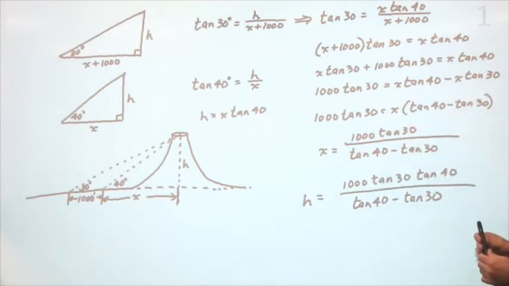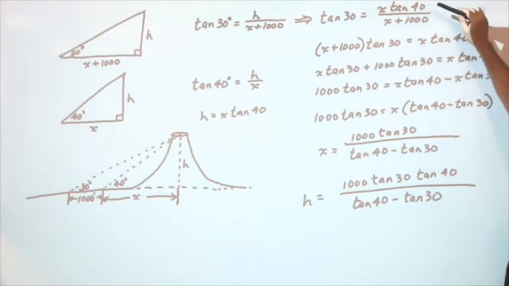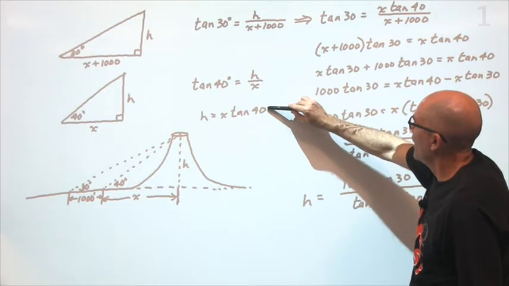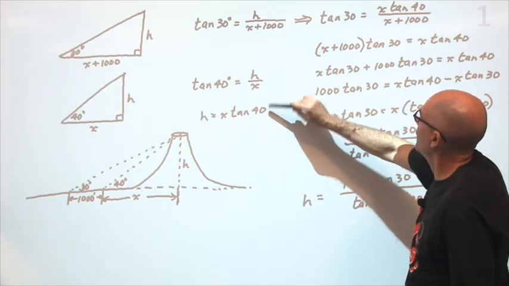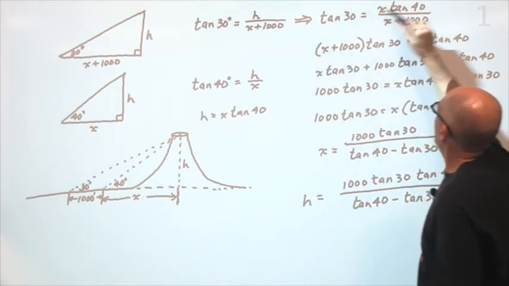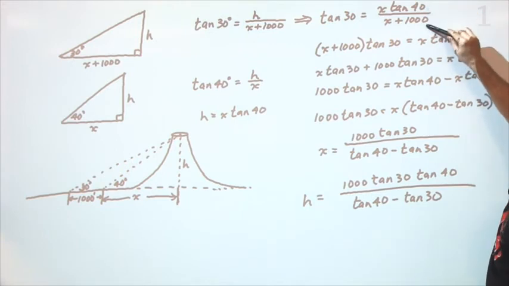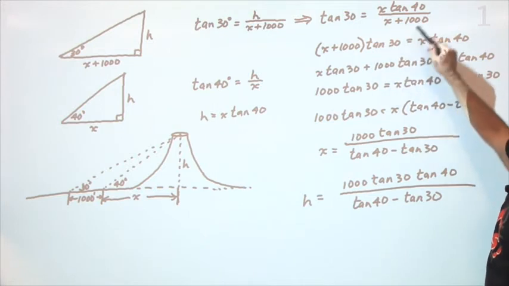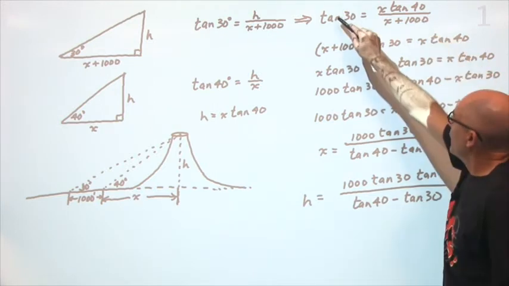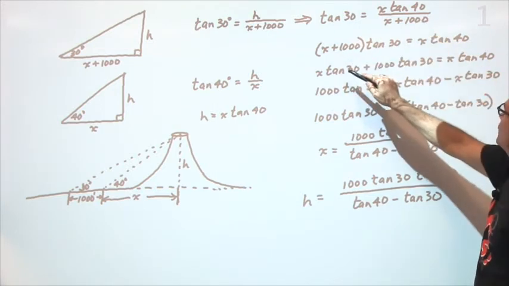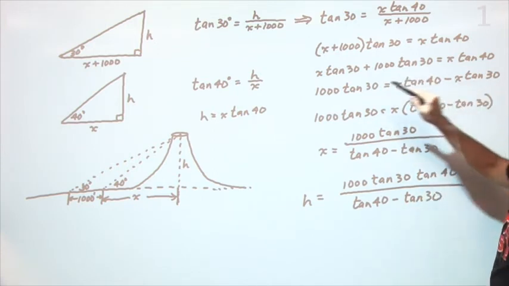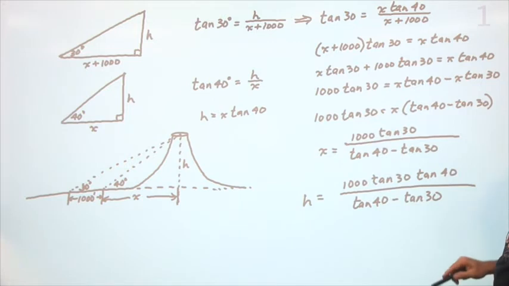So notice what I've done is I've just taken the one equation with h equals something with x in it, plugged it in. Now I have just x's alone with no h in there. So then what I do is I multiply the x plus 1,000 over, distribute it. Now I'm going to get all my x's on one side, all my non-x's on the other.